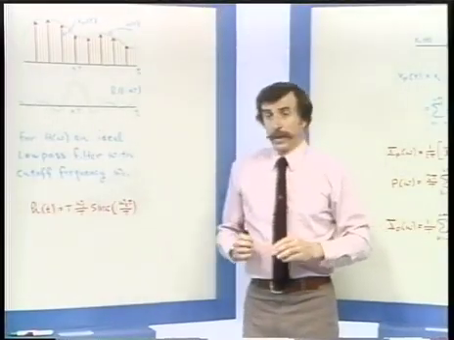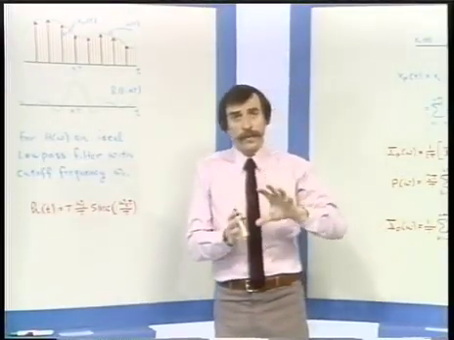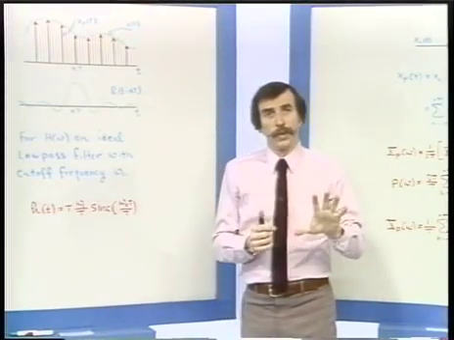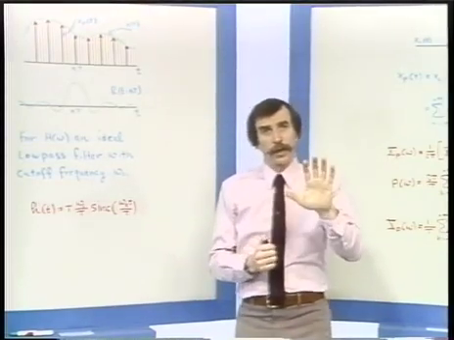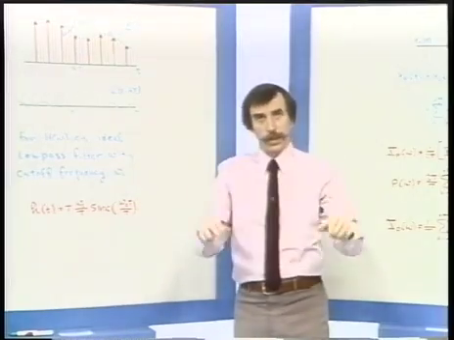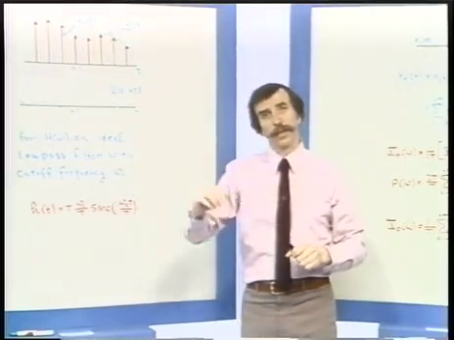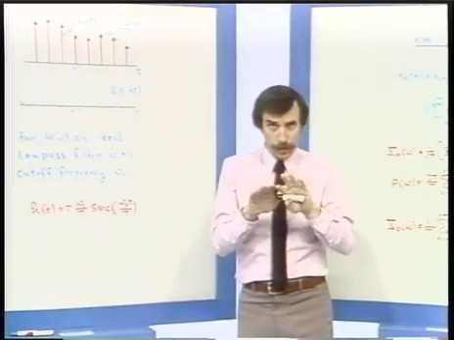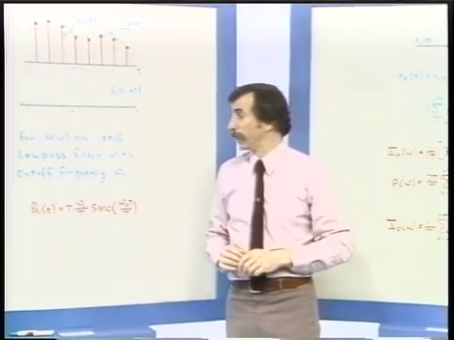Okay, so that then kind of gives you the picture of doing interpolation by replacing the impulses by a continuous curve, and that's the way we're fitting a continuous curve to the original impulse train.